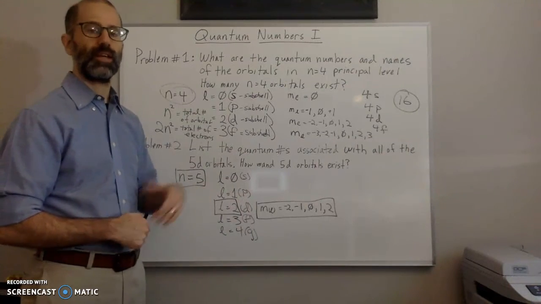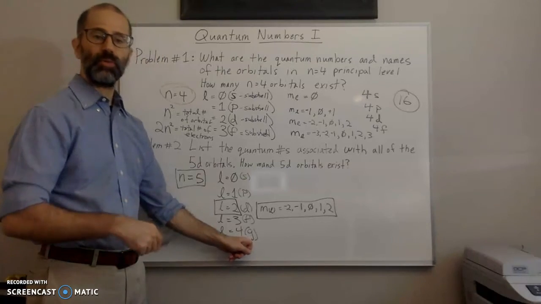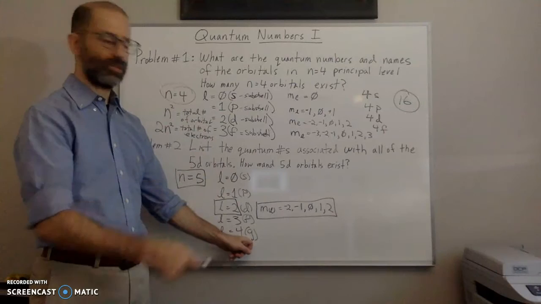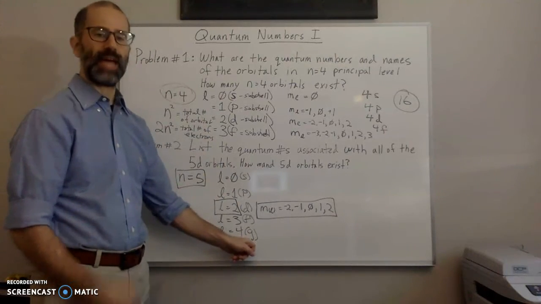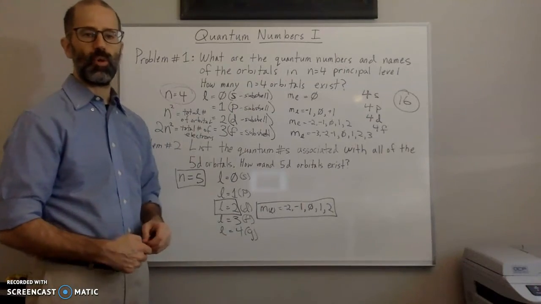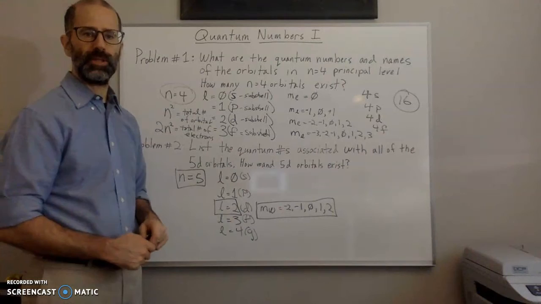Okay, and then so on. If you have g, like if we're at g, then we would add 2 new orbitals to 7. It will give us 9. So we would expect to have 9 g orbitals at L equals 4, and then so on. So that's how you answer these 2 questions.